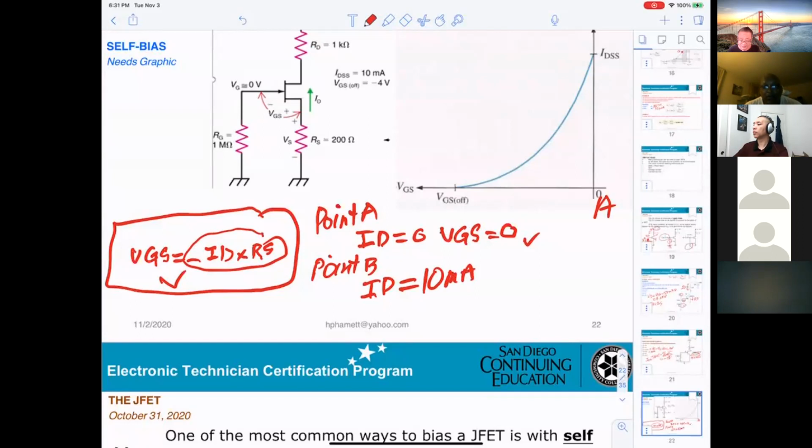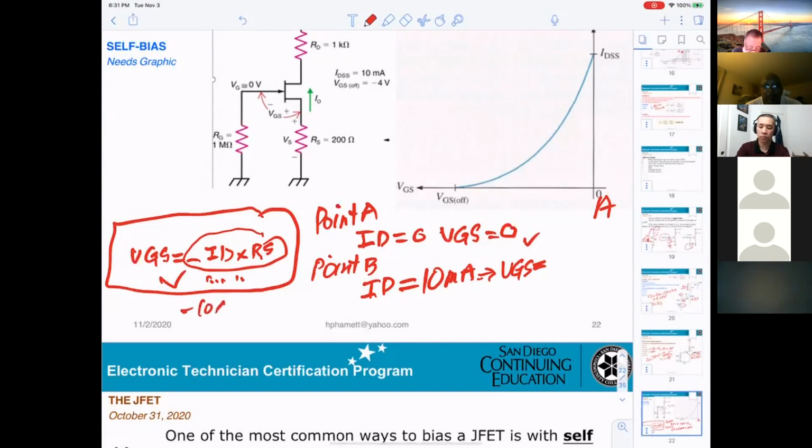Okay. So if ID equals 10 milliamps, you go back to the equation. What is VGS? Now you substitute into this equation: negative 10 times RS. So that will be minus 10, right?